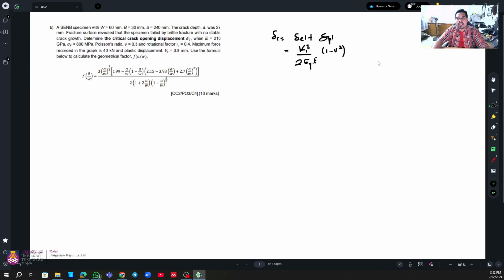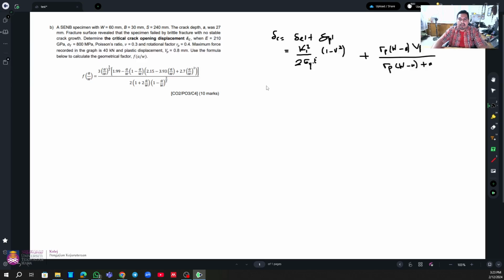And then plus rp times (W minus a) multiplied by Vp, divided by rp times (W minus a), then plus a here. There's nothing strange with that.